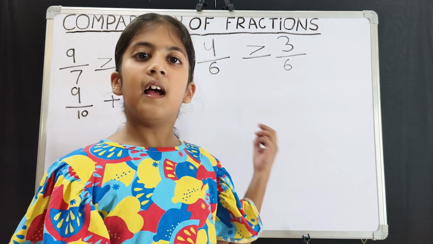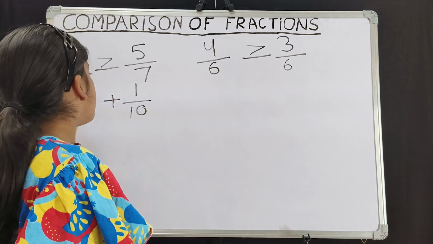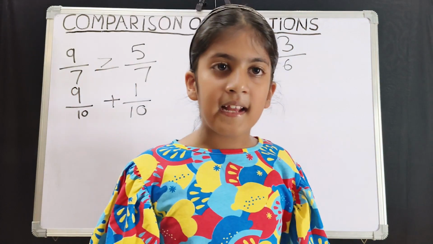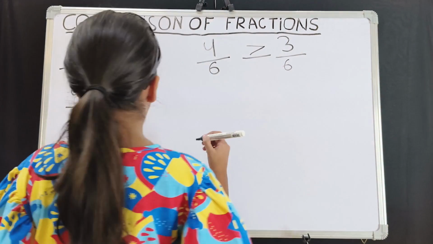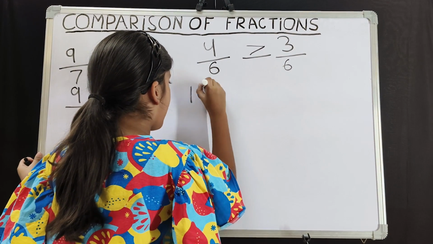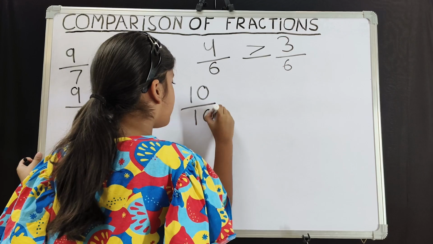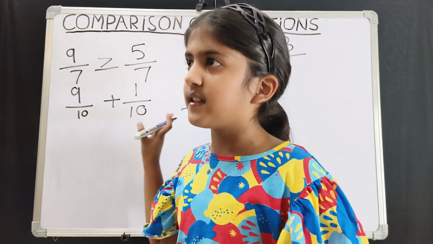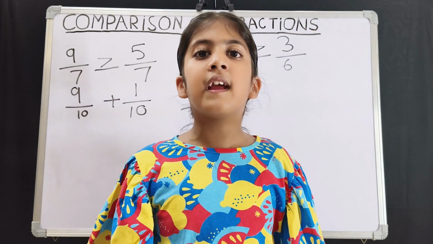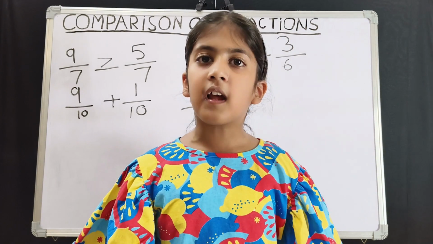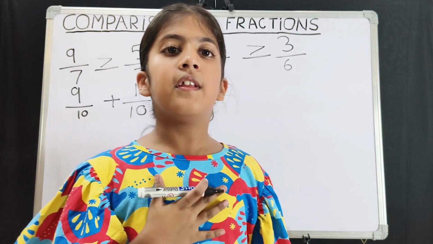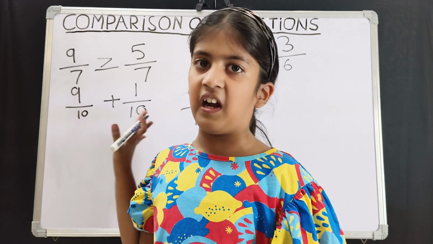So, we will add this numerator plus this numerator. 9 plus 1 is 10. So, my answer is 10 upon 10. We will write this 10 as it is because when we add, we do not add the denominators. Now, this is how we add fractions.